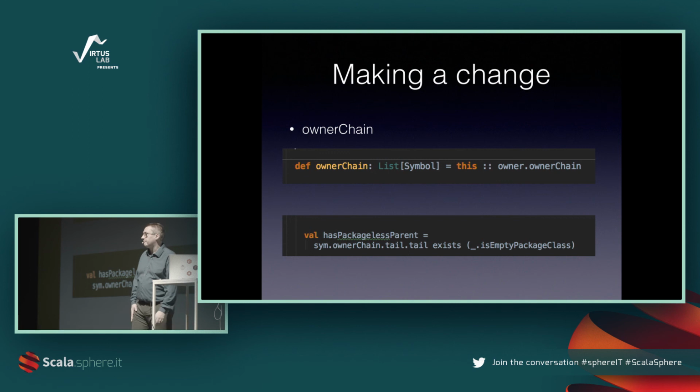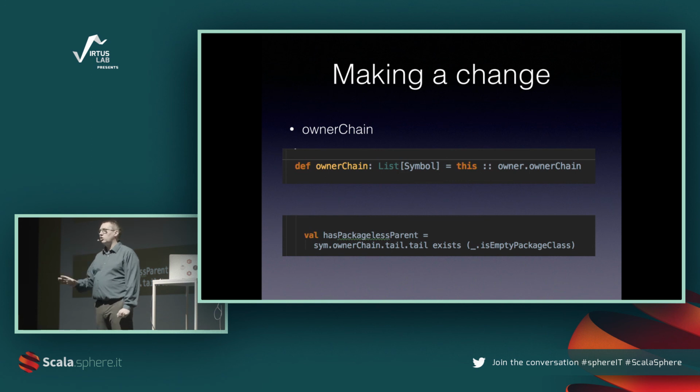And it's this one. So this is owner chain. Owner chain is used in the compiler. It's used for a lot of things. You ask the owners of objects, the owners of a class. And what this code does is every time you call symbol.owner chain, it will create you a brand spanking new list.